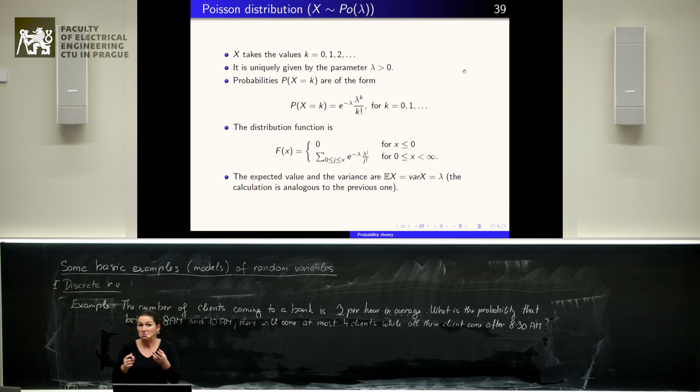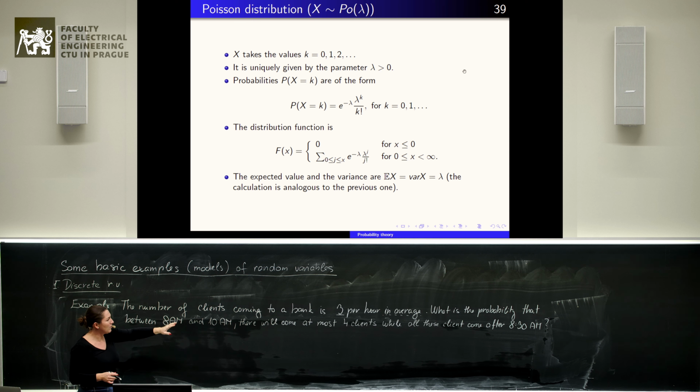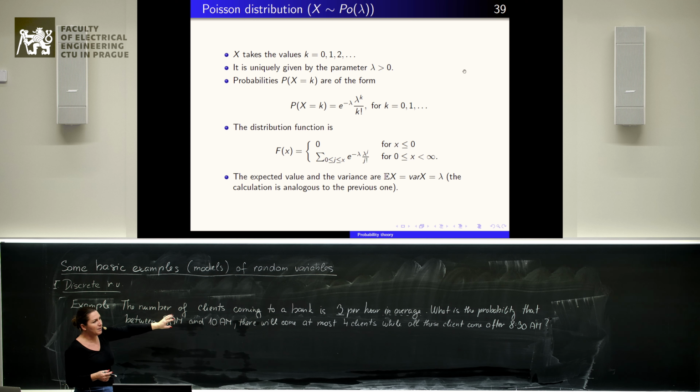So in effect, we have two tasks. What is the probability that in 2 hours there will come at most 4 clients, and that all of them will come after 8:30? Maybe you want to solve it as a random number concerning the number of clients in these 2 hours, and then to add somehow the condition what happened before 8:30 and after 8:30.